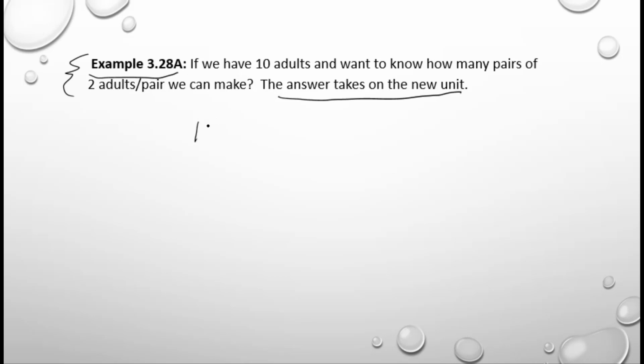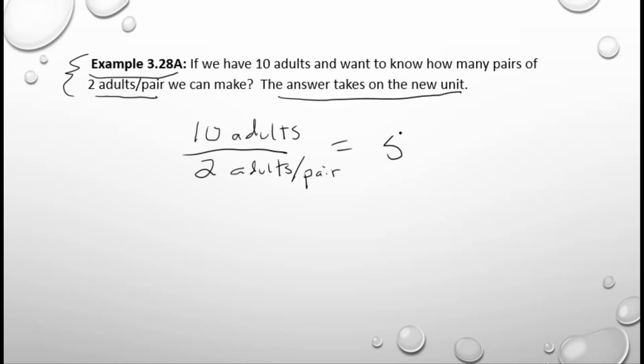So we have 10 adults. We want to know how many pairs of 2 adults per pair we can make. So we have 10 adults, and we're dividing this by 2 adults per pair. And so the answer is obviously 5.